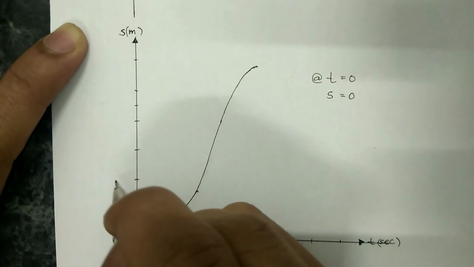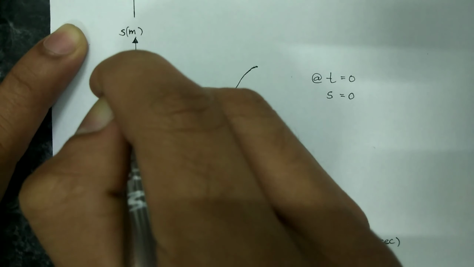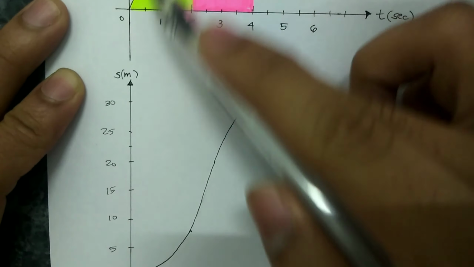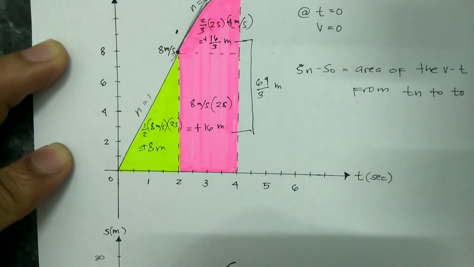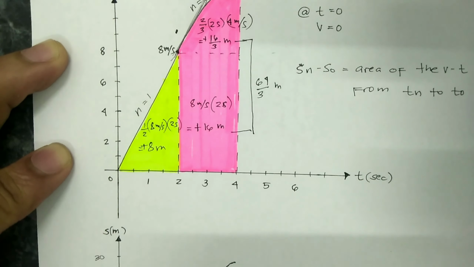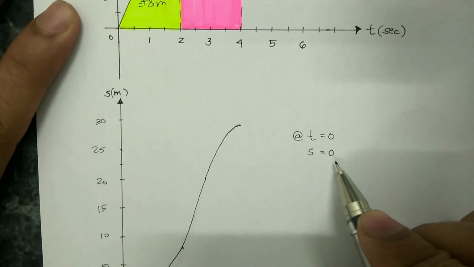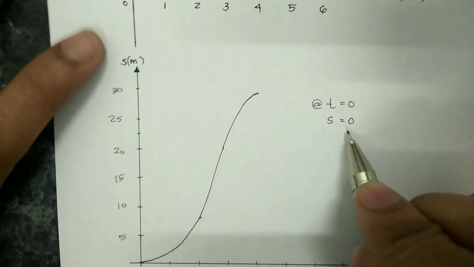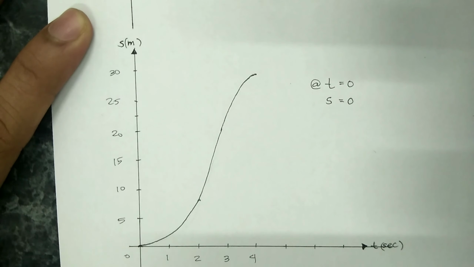This is 5, 10, 15, 20, 25, and 30 meters. So this area from the velocity time graph is equal to the change in the position of the object. And our starting point for this case would be at t equal to 0, the position of the object is at 0 meters. So we started at 0 meters.